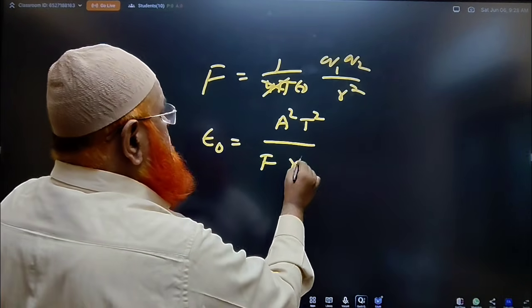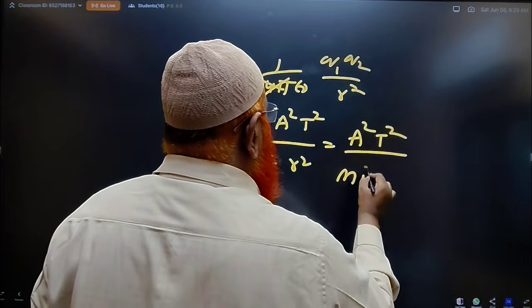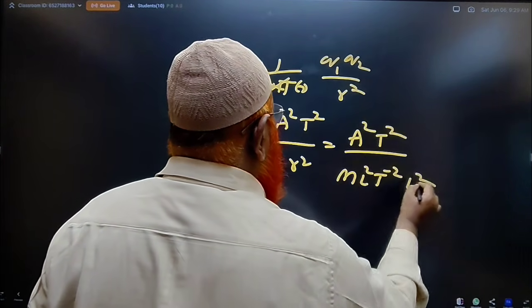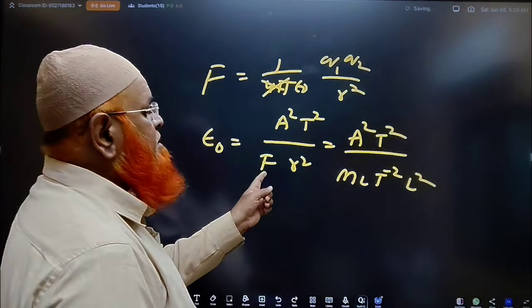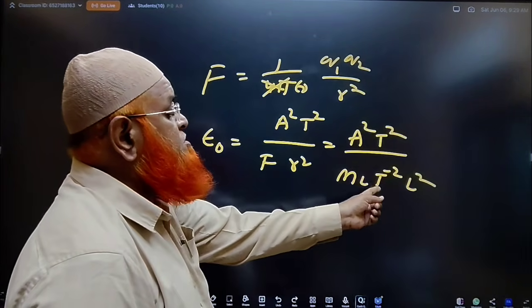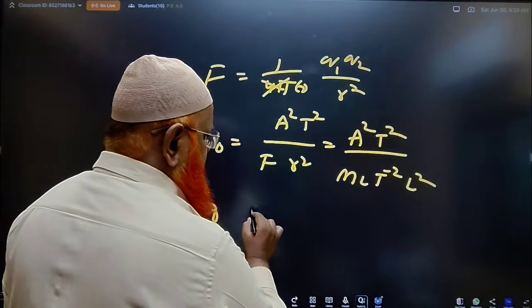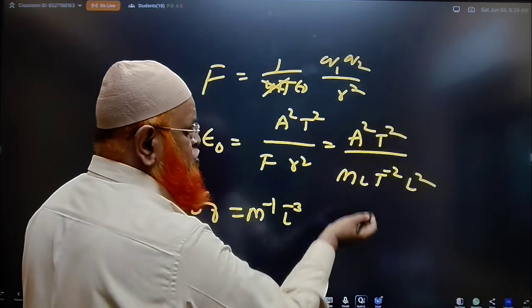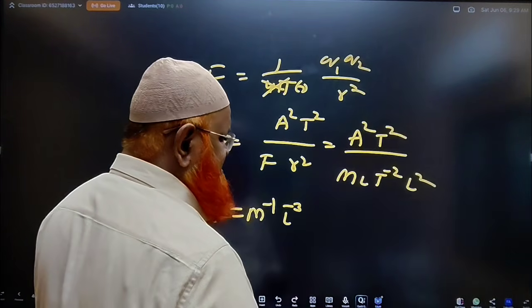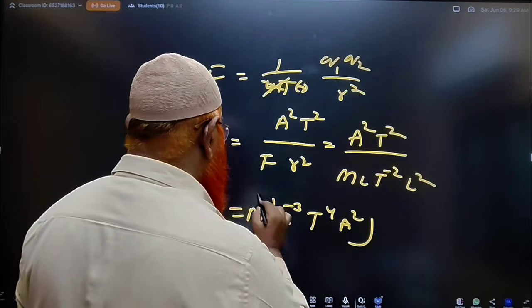So force into R square. Force means ML T power minus 2, only one L. Mass into acceleration is ML T power minus 2. So epsilon naught is nothing but M power minus 1, L cube comes to numerator, becomes L power minus 3, T power 4, A square. Is it okay?